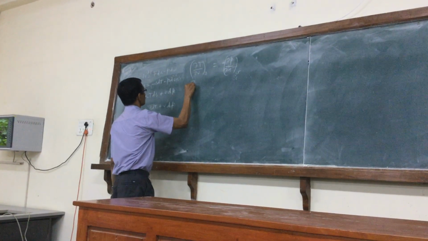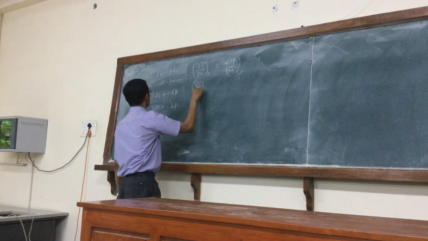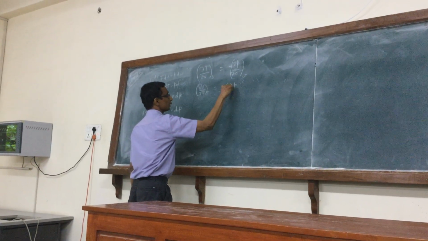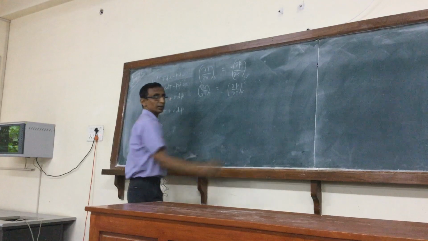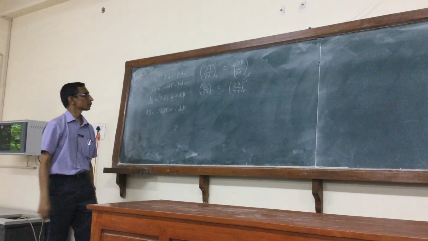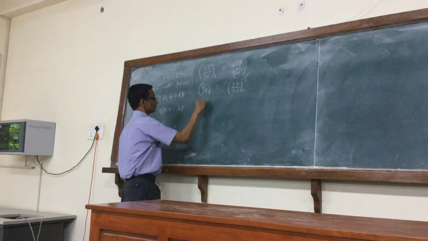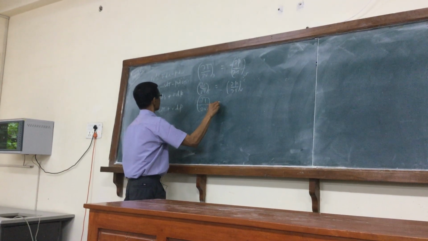And then I have dS by dP at constant T is minus dV by dT at constant P. Then I have dT by dP at constant S is dV by dS at constant P.